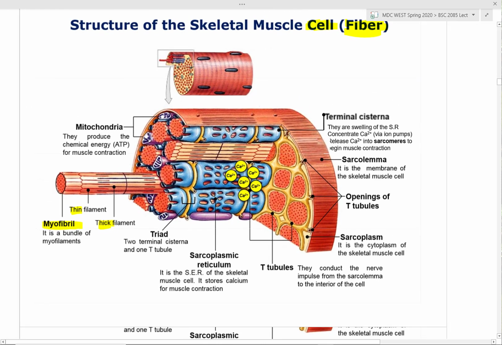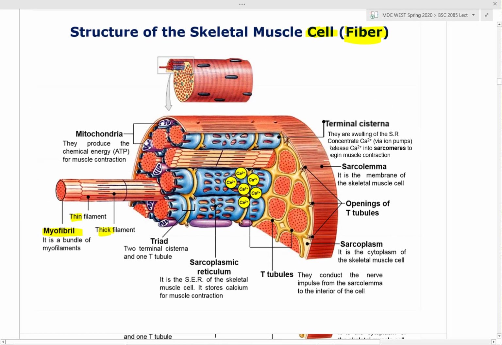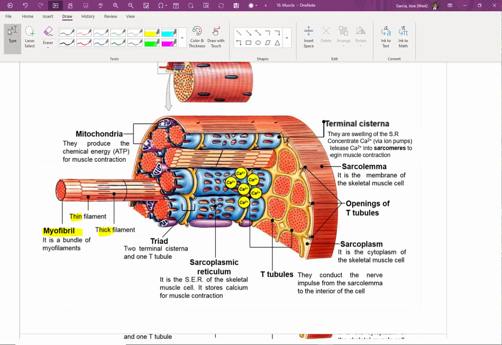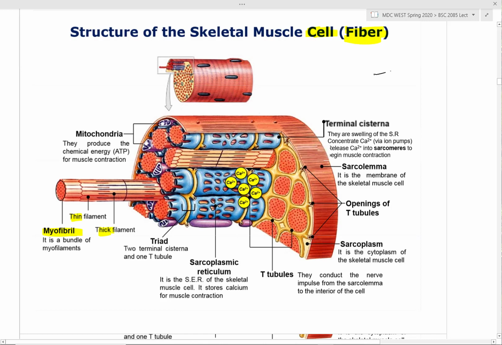So what does that mean? That surrounding these myofibrils, they require what for contraction? Every single muscle requires calcium, and requires energy. So what are the requirements for muscle contraction? What is needed?